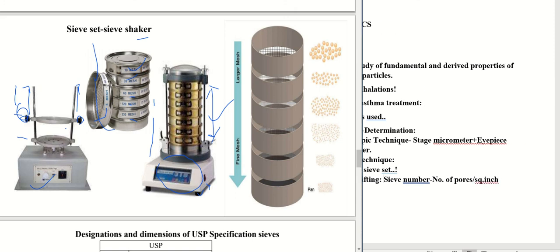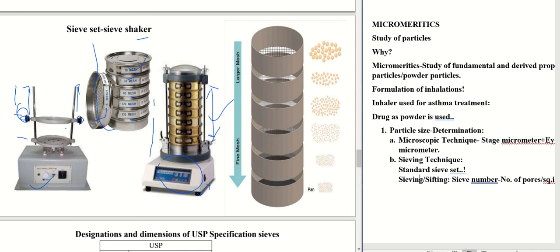It means the lesser the number, the greater the pore size, and the lesser the number of pores. You understood? Now suppose this is the larger mesh. This is mesh number 5, which indicates 5 pores per square inch.